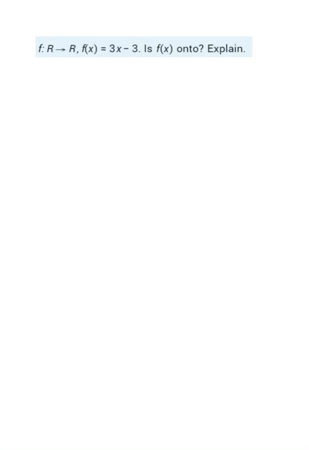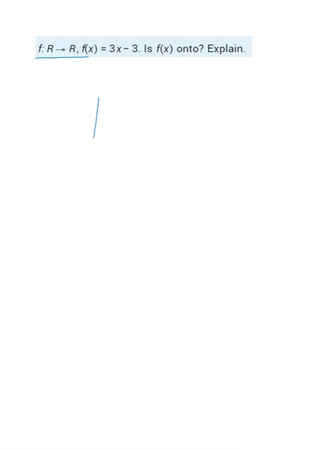Okay, so in this question we're asked, is the function 3x minus 3 onto, so is it injective? And we're told that our domain and our range is any real number. So we can see that this is a linear graph, and any linear graph will always be an injective function.